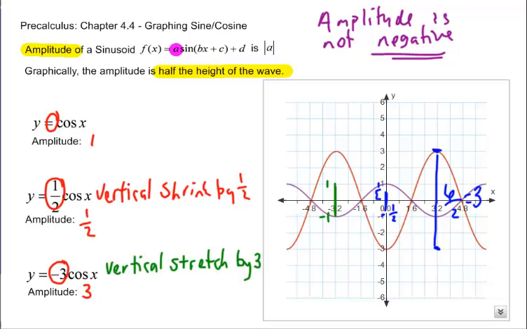Now, instead of opening up like we do with our original cosine, what's the other thing happening here? We're going to reflect over the x-axis. Just like you've done on all the previous functions that we've looked at, you follow the exact same rules.